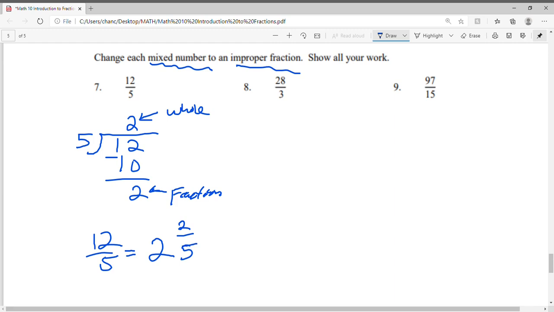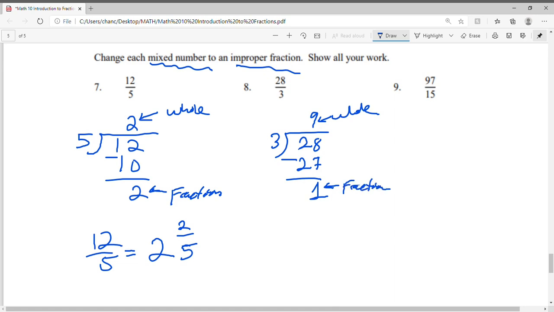So we just have to use long division for these questions. 3 dividing into 28. 3 goes into 28 9 times. We have 3 times 9 is 27. Subtract, we have a remainder of 1. Again, this represents the whole part, and the 1 represents our fractional part of the whole.